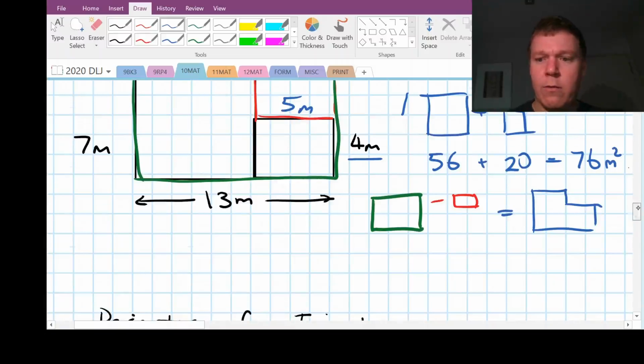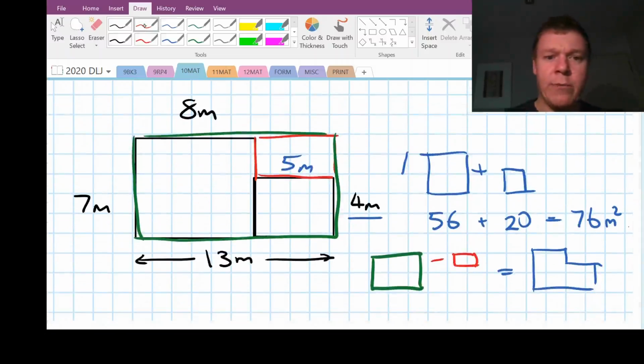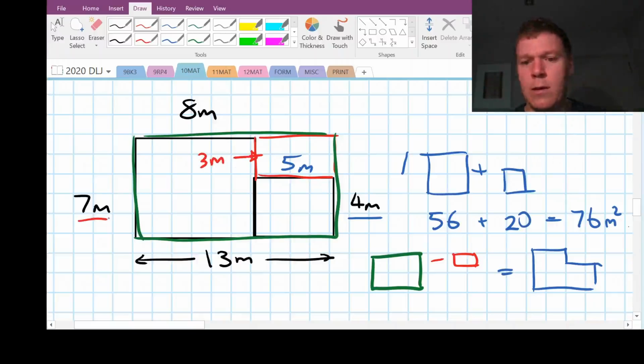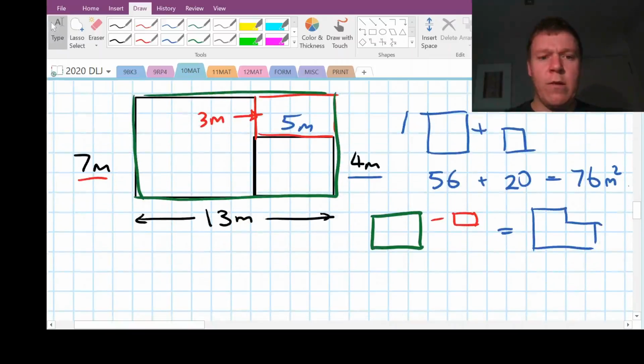On our red rectangle, this side here is 3 meters because 3 and 4 make 7. So our big rectangle is 7 times 13, 91, and we're going to subtract 3 times 5 for our small rectangle, 15.